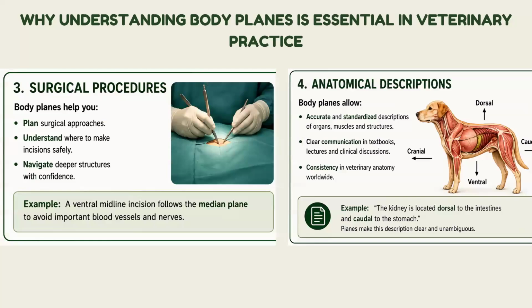The third reason why understanding body planes is essential in veterinary practice is because during surgical procedures, body planes help you plan surgical approaches. Now, let's say you want to perform a cesarean section in a goat, and you know that the rumen is located on the left side.